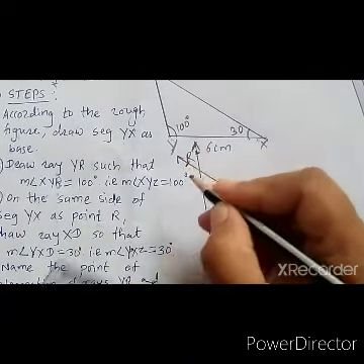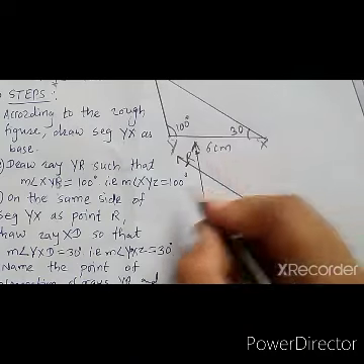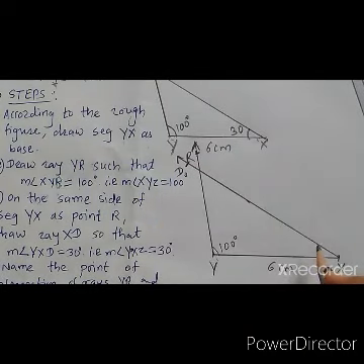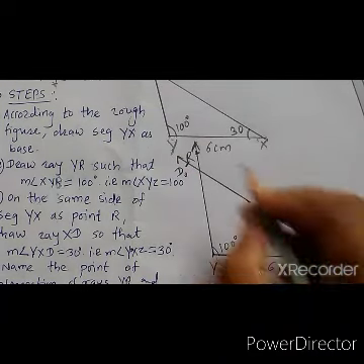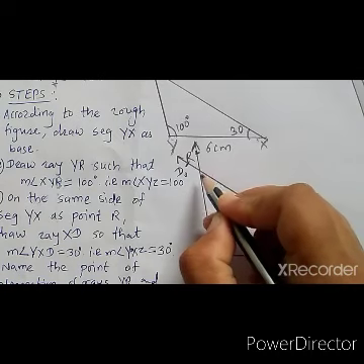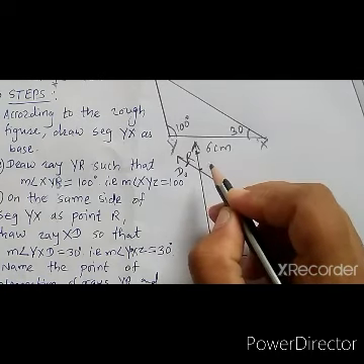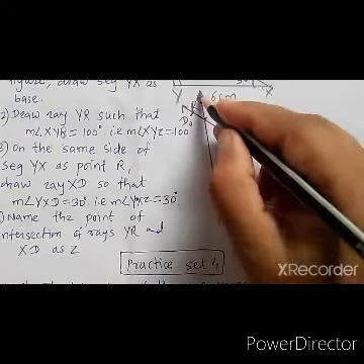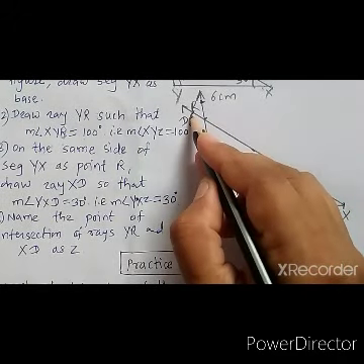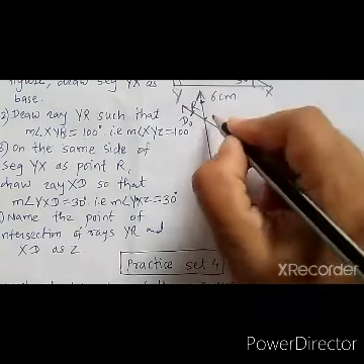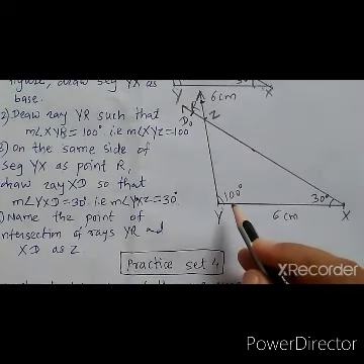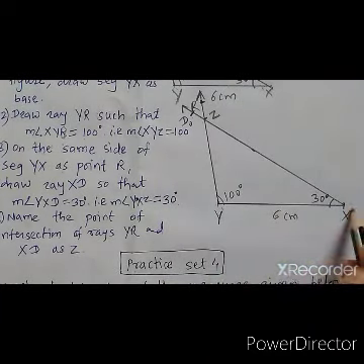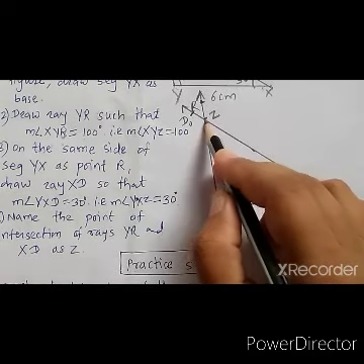Now angle YXD is equal to 30 degrees. Now name the point of intersection of these two rays YR and XD, that is Z. And now we got triangle YXZ or XYZ.